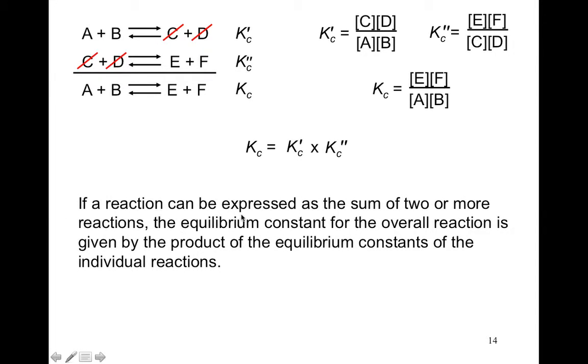And so if a reaction can be expressed as the sum of two or more reactions, then the equilibrium constant for the overall reaction is given by the product of the equilibrium constants of the individual reactions. And so if you multiply this guy by this guy, you'd have C times D divided by C times D. If you multiply these two, you'd be left with EF over AB. And EF over AB is exactly what you get. So that's how we get this law.